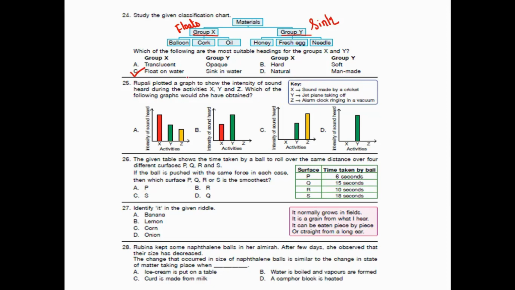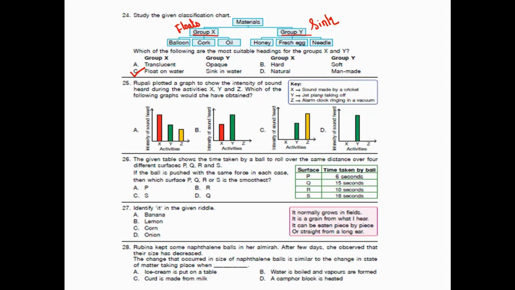Okay. Now we come to question number 25. Question number 25 says, Rupali plotted a graph to show the intensity of sound heard during the activities X, Y, and Z. Which of the following graphs would she have obtained? So here X says sound made by a cricket. Y says jet plane taking off.